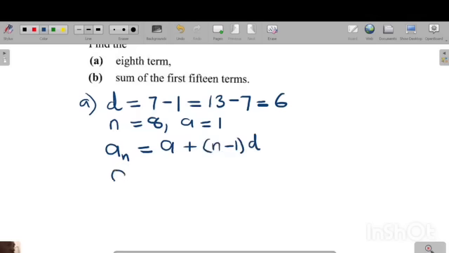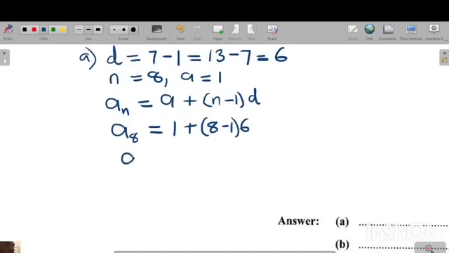Okay? So since we are finding the 8th term, where there is n, we're going to put 8. So the 8th term will be equal to, the first term is 1, so we have 1 plus (8 minus 1), and the common difference is 6, so we're multiplying by 6.